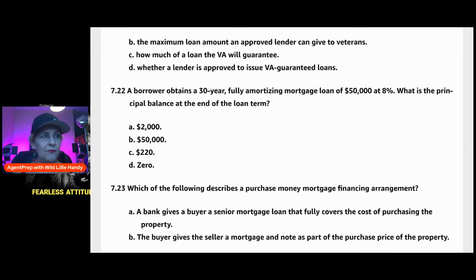What happens at the end of 30 years? The home is paid for. You now own the home 100%. Well, with the exception of property taxes. And unless you're a 100% disabled veteran, there won't be property taxes to pay. So at the end of the loan term, the balance of principal is zero.